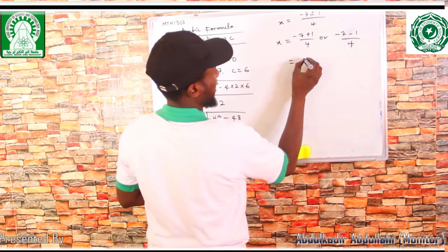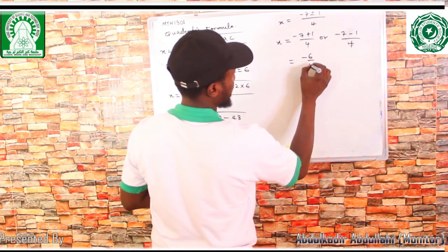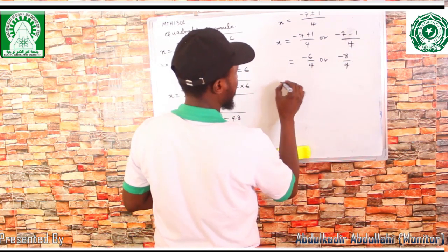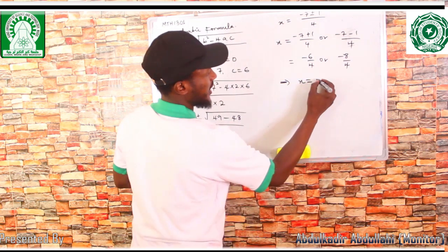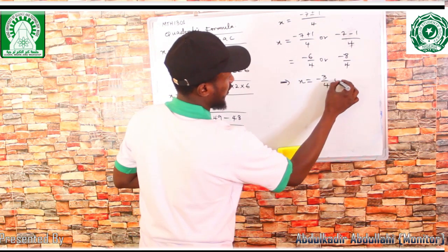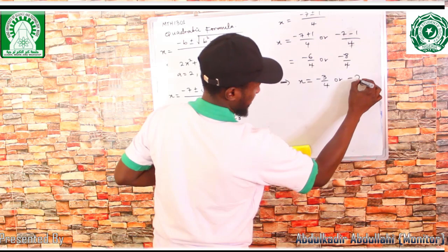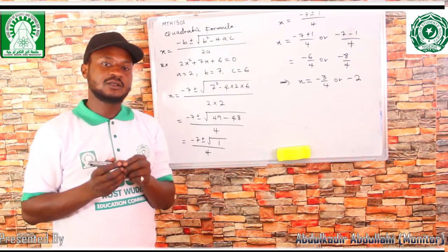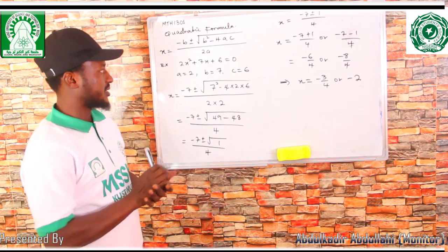Like this, minus 6 over 4, or minus 8 over 4. So at last, our x is equal to minus 3 over 4 or minus 2. So you see, now we have used all the three methods to solve a quadratic equation.